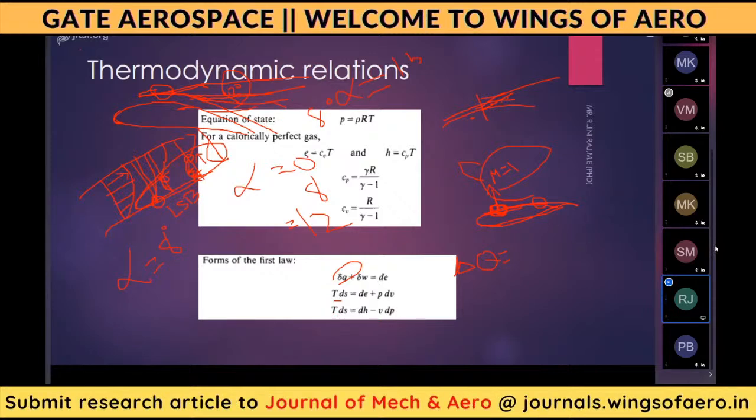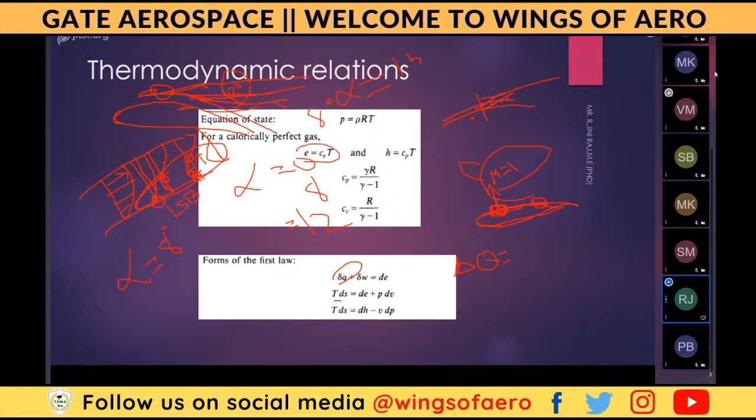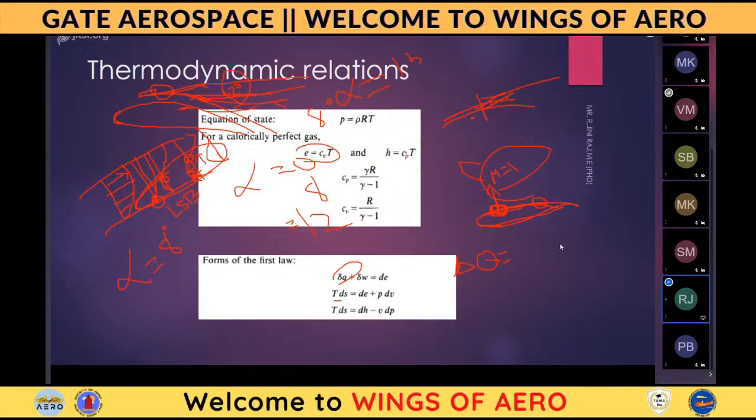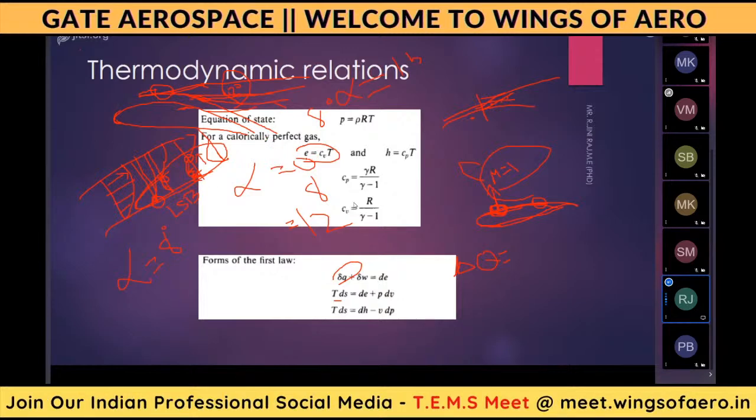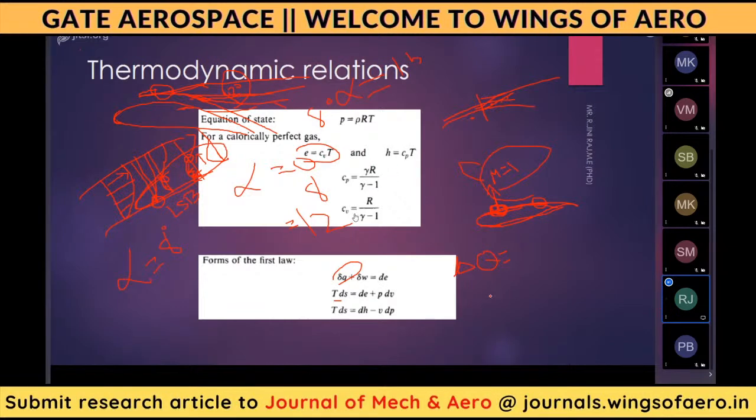For a calorically perfect gas, we have another formula: del u equal to m cv into dt, and del h equal to m cp into dt. For unit mass, e equal to cv into dt, h equal to cp into dt.